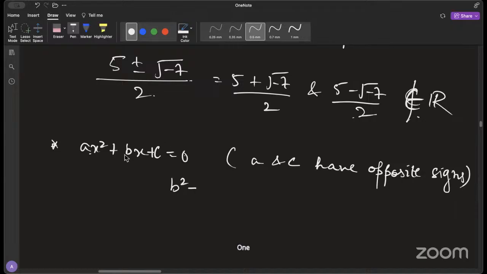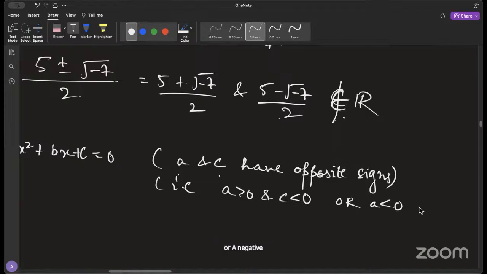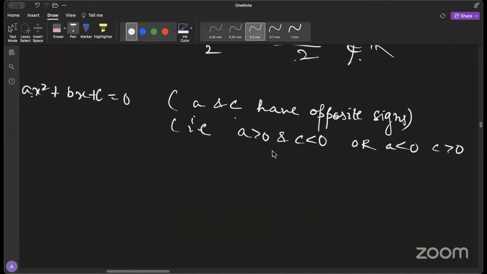One is plus and the other is minus. So it could be a positive, c negative, or a negative, c positive, right? Both are possibilities. If a is greater than 0, c is less than 0.